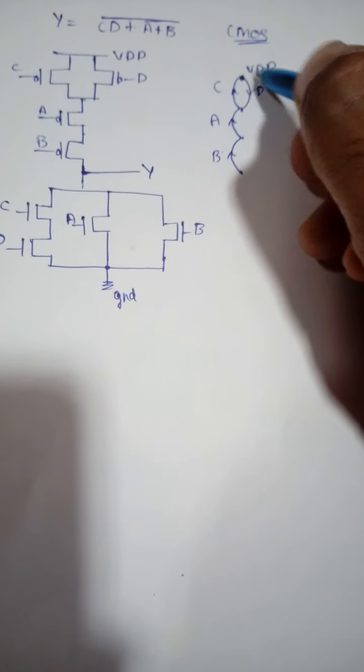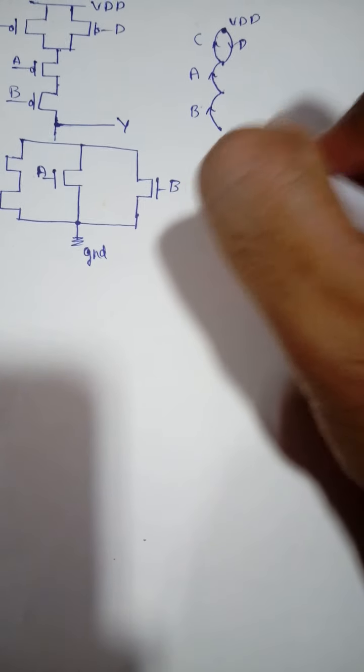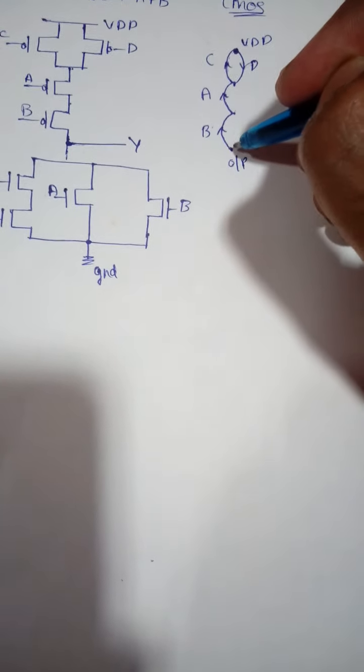B, A, C and D. So there is one path, right? If you start from B, this is the output. So if you take this direction, it goes here, and it is a traversable path and it is unidirectional.